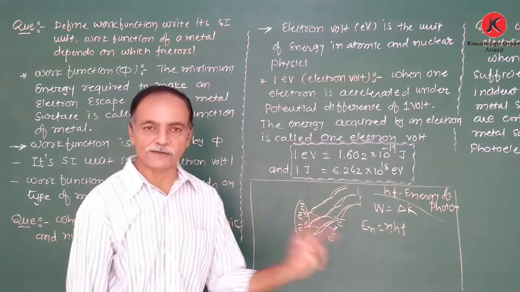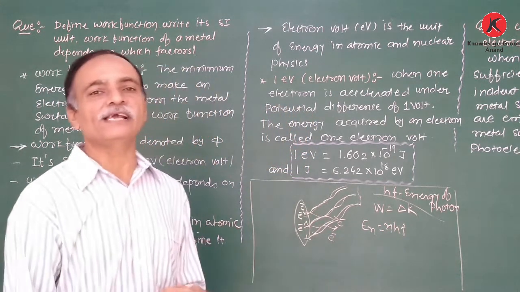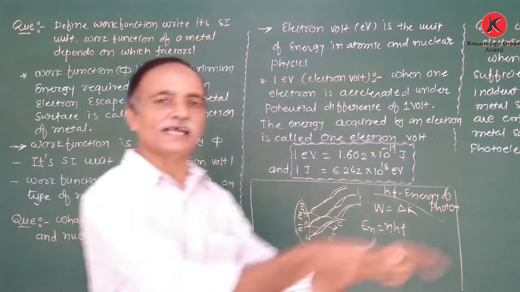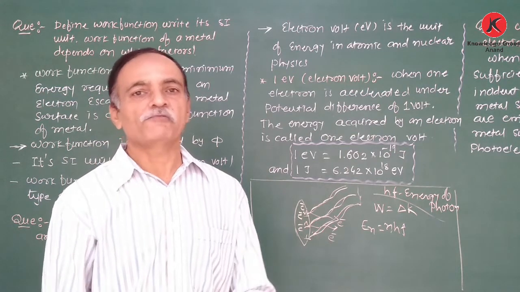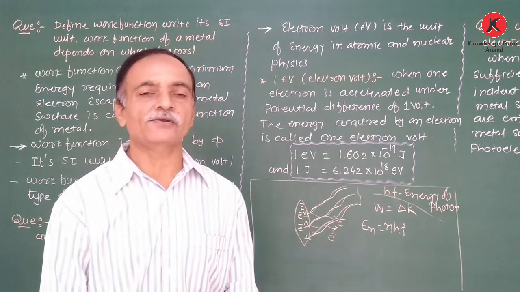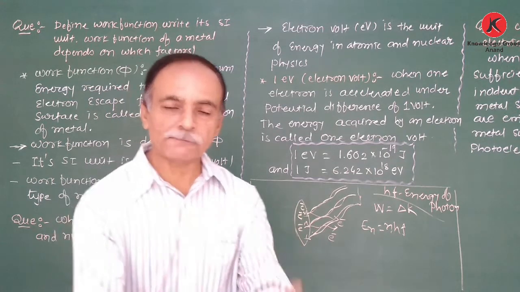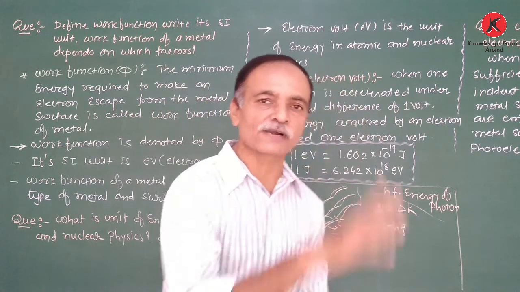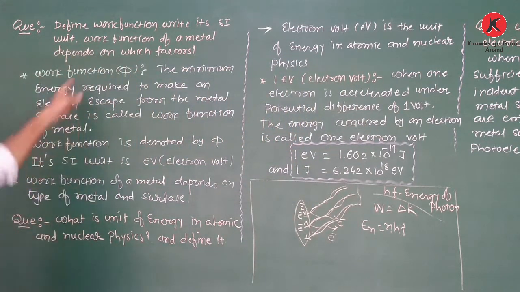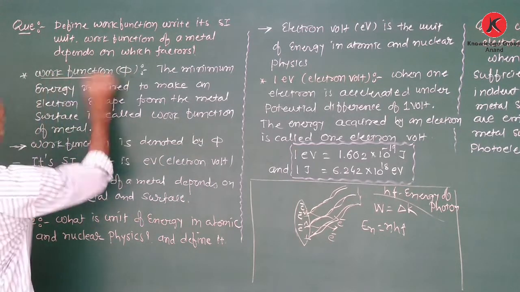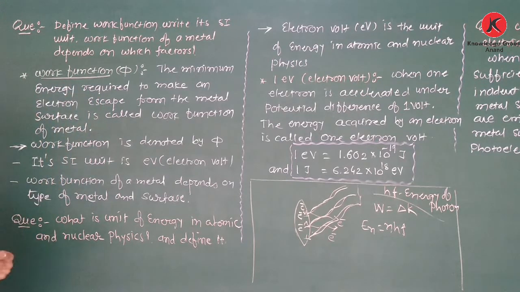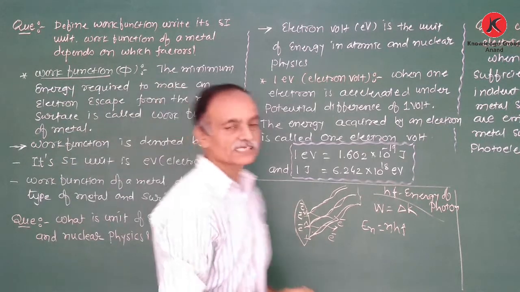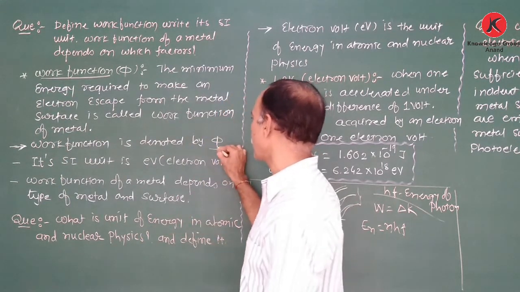Out of this nhf energy, the electron gains only the required energy, and then electrons are emitted from the surface of the metal. The minimum energy required to make an electron escape from the metal surface is known as the work function. Work function is denoted by the symbol phi.